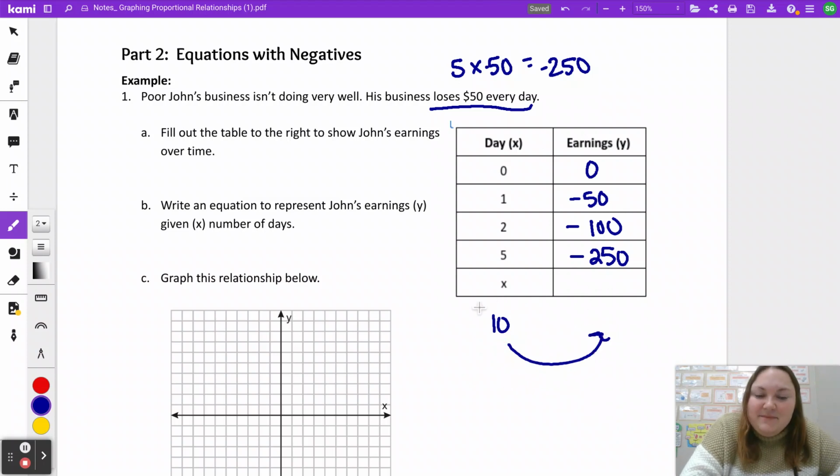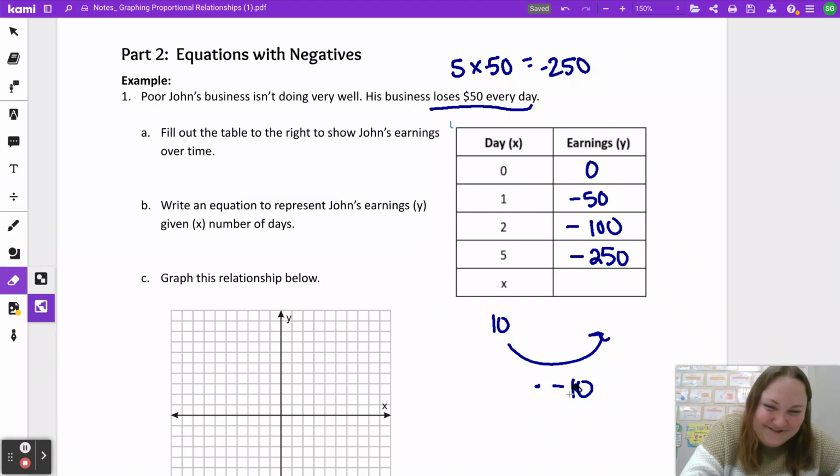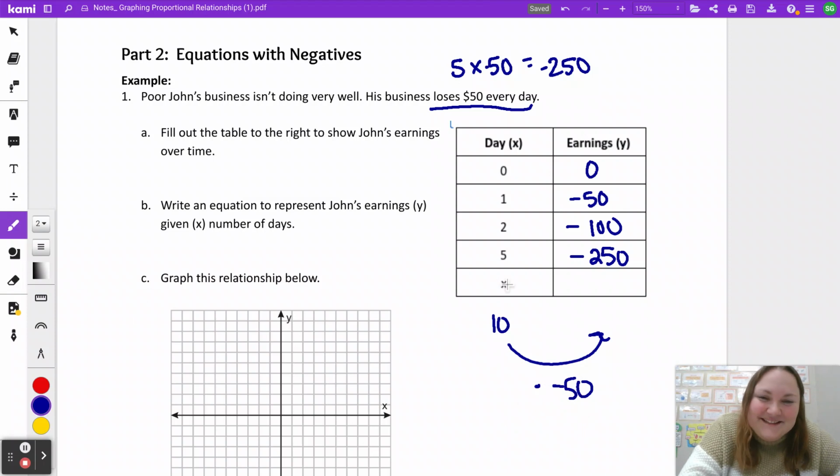Well, we're taking the number of days and multiplying it by our negative 50. I'm sorry. We're multiplying by negative 50. And so to show that, we can say I'm taking my days, x, and multiplying x by negative 50. And that would look like negative 50x.